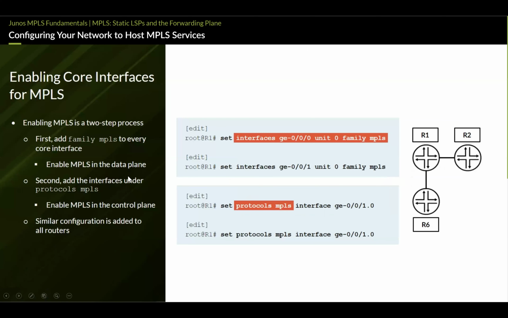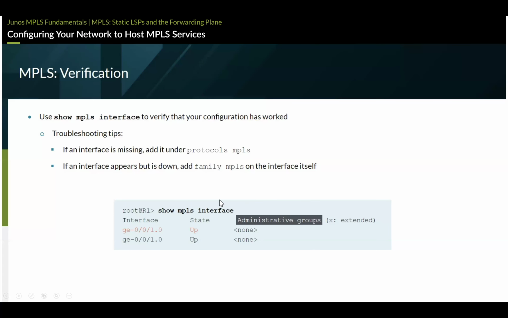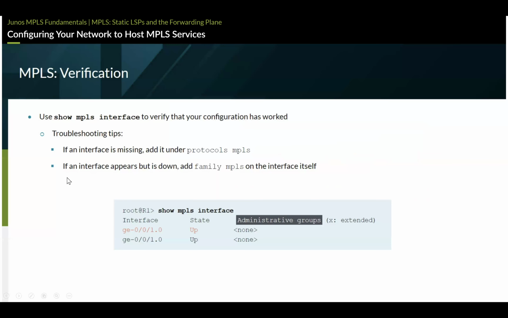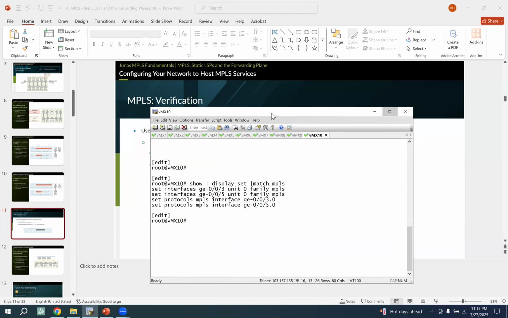So our first step is done, and the second step is verification. How to verify? The command is show mpls interface, and you can check it against your topology here.